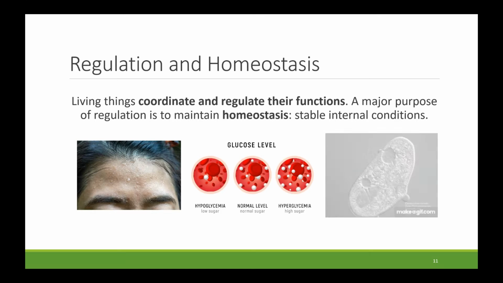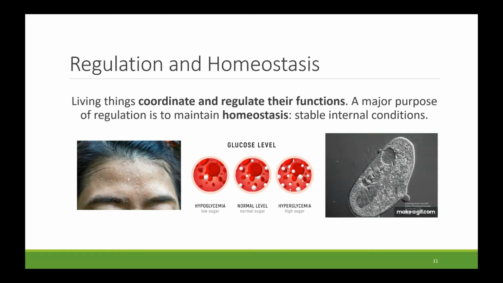We can also even see regulatory processes in microscopic organisms, like this paramecium that you see on the right-hand side of the slide. Paramecia are microscopic single-celled organisms that live in ponds, streams. You can find them in most watery habitats. And they have a special structure inside of them called a contractile vacuole.